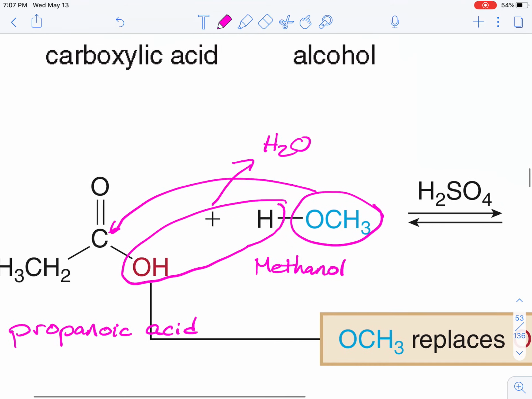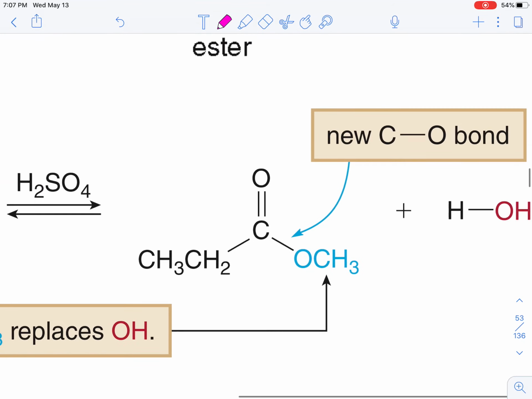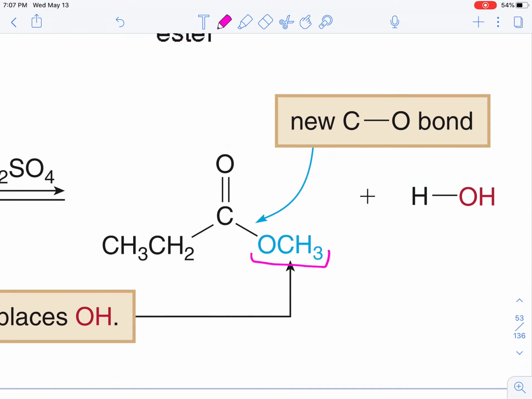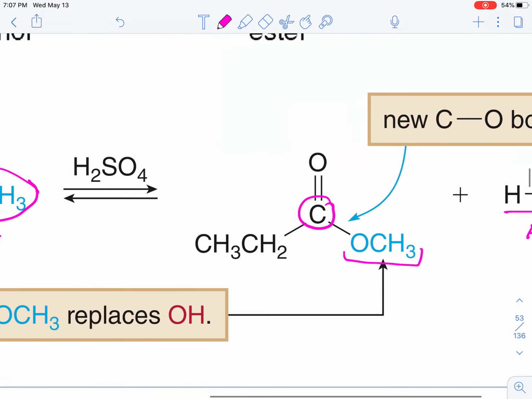And the product that we would get is basically that OCH3 from methanol is going to be covalently bonded to this carbonyl carbon. And then here we have water molecule as a byproduct.